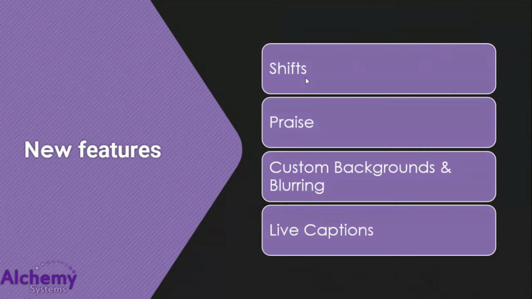Custom backgrounds and blurring in video calls. If you're, say, working from home or working in an office, you can get it to automatically blur out the background behind you, which is live at the moment, and they're currently adding in a system where you can replace the background behind you. So if you wanted to have a business logo or just a plain backdrop behind you, you can do that as you go along.